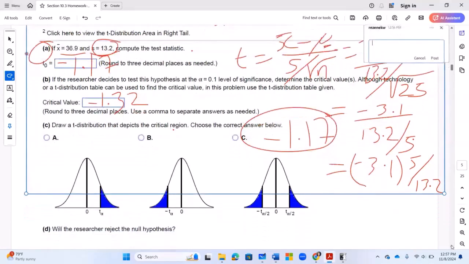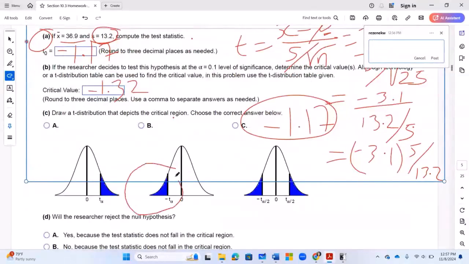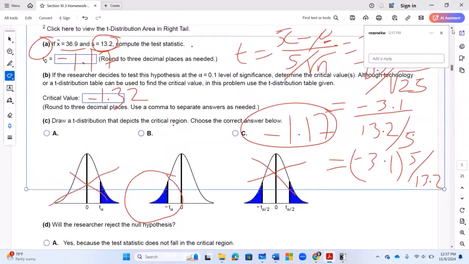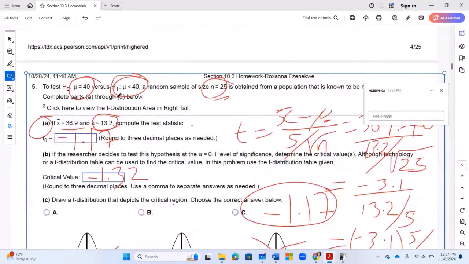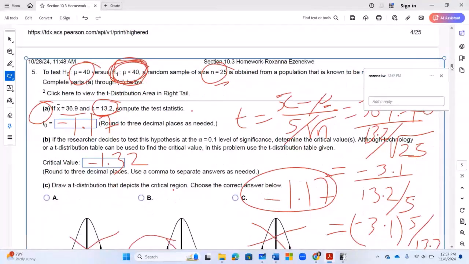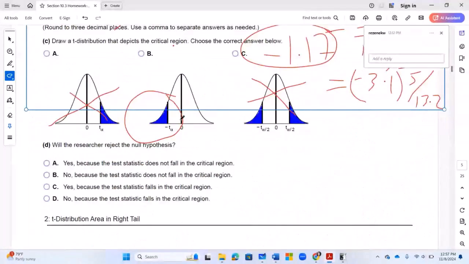It is not two-tailed because I am given that the alternative hypothesis is mu less than 40. So it's a left tail test. Because it's a left tail test, I will draw a normal curve that is left tailed. So we have answered that question.